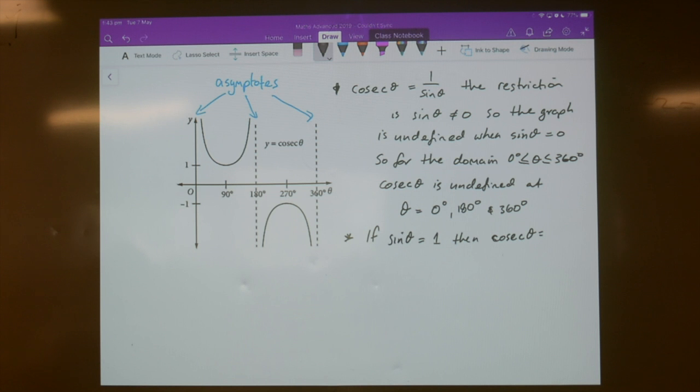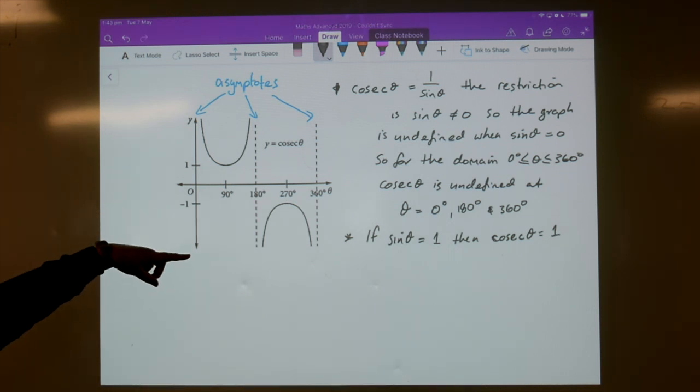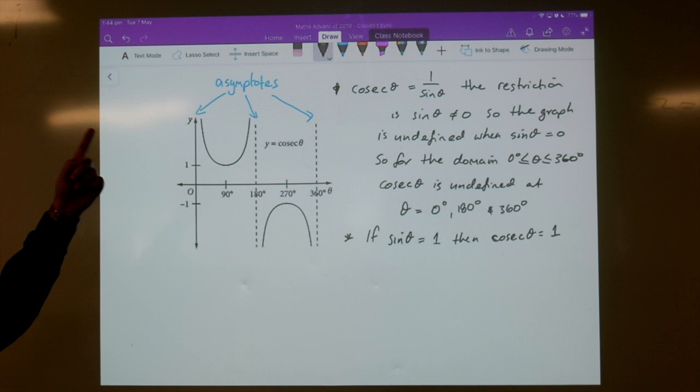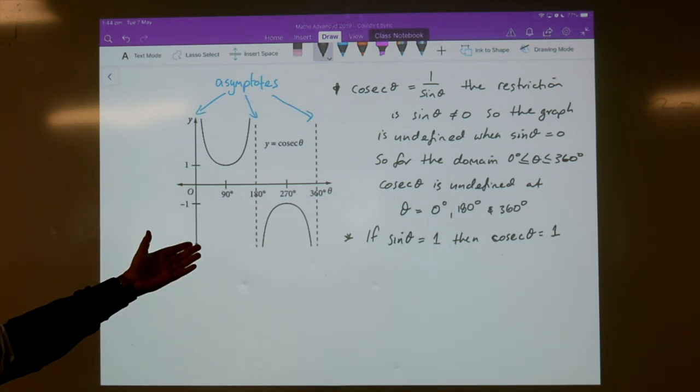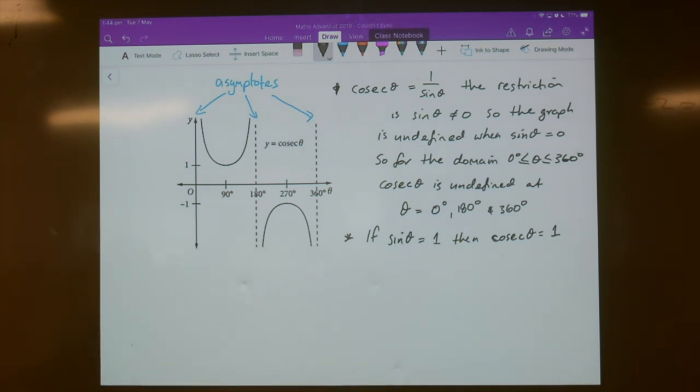If sine theta equals 1, cosec theta has to equal 1. Right? Because it's 1 over sine theta. So if sine theta is 1, it's 1 over 1, which is just 1. Okay?